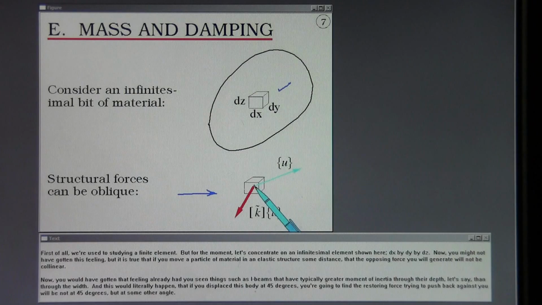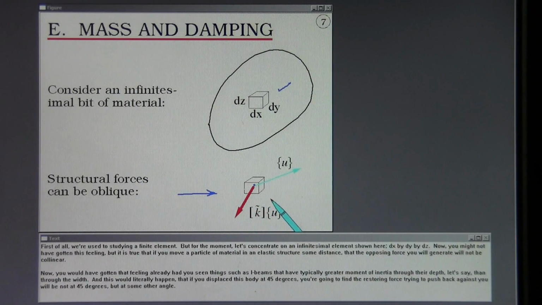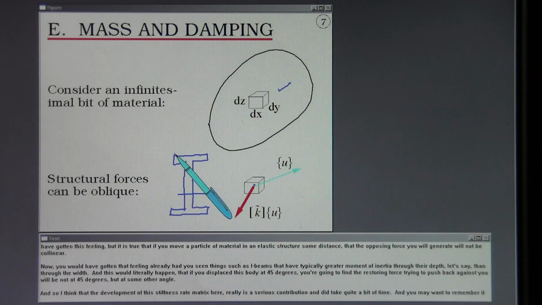Now, you might not have gotten this feeling, but it is true that if you move a particle of material in an elastic structure some distance, the opposing force you will generate will not be collinear. Now, you would have gotten that feeling already had you seen things such as I-beams that have typically a greater moment of inertia through their depth, let's say, than through the width.